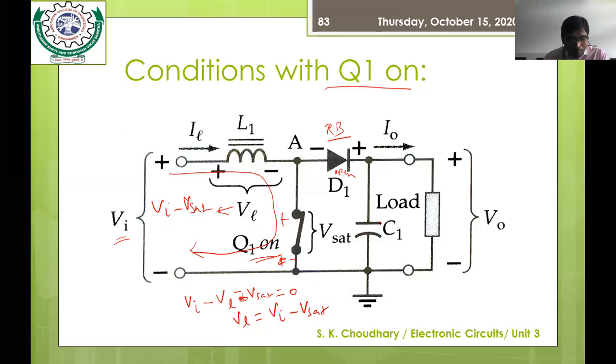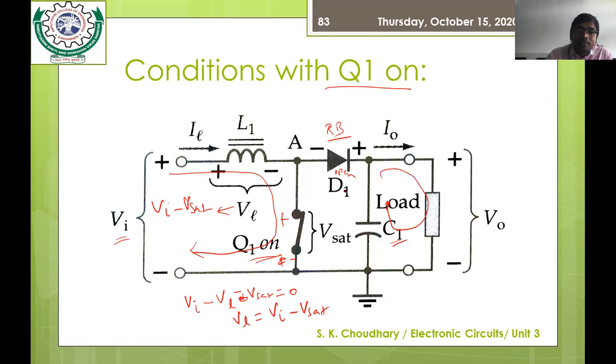In this way capacitor C1 supplies current to the load. This current does not flow through the diode because D1 is off. The charge stored initially in the capacitor discharges, and this current flows across the load. So I think that was the doubt in your mind.